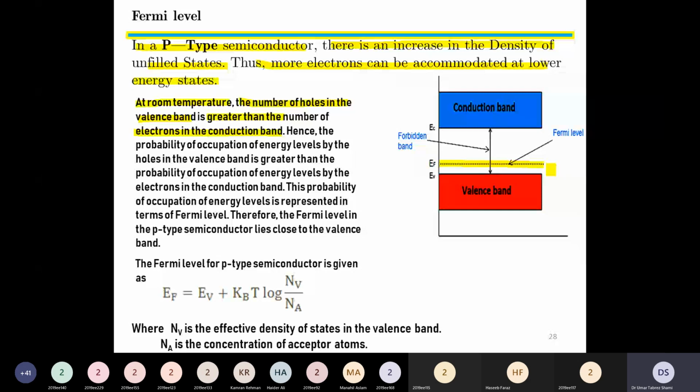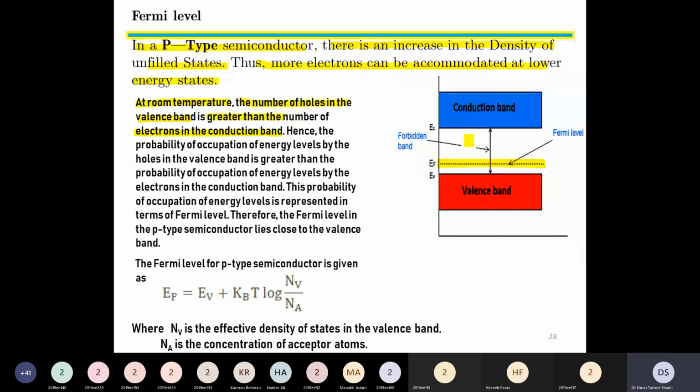आप शो करते हैं इसलिए लाइन लगाकर, ये लाइन लगाकर which shows the Fermi level. This line shows the Fermi level, which represents that वैलेंस बैंड की तरफ ज़्यादा प्रोबेबिलिटी है कि होल्स को ऑक्यूपाई किया जाएगा और कंडक्शन बैंड की जानिब थोड़ी प्रोबेबिलिटी है कि इलेक्ट्रॉन्स यहाँ पे आएंगे.